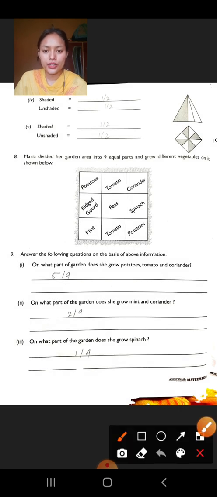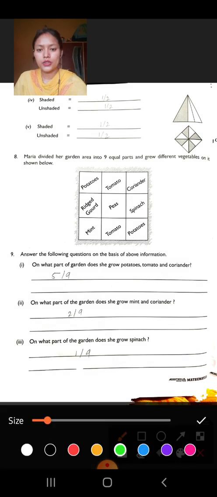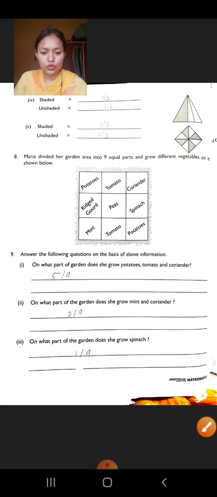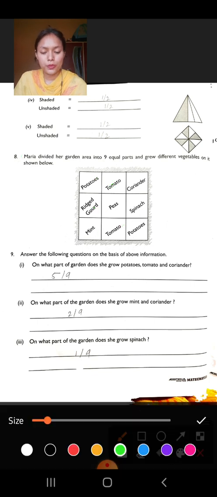Now question number 8. In this one you can see a girl, Maria, and she has divided her field into parts. How many parts? 9 parts. 1, 2, 3, 4, 5, 6, 7, 8, 9 equal parts, and she has sown different types of crops in her field: potato, tomato, coriander, gourd, peas, spinach, mint, and so on.